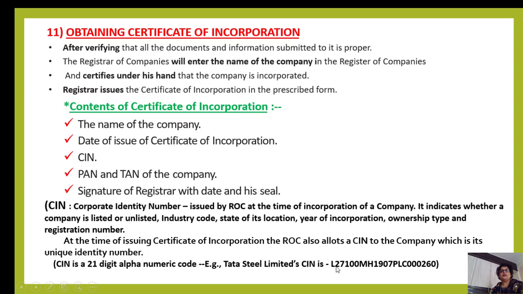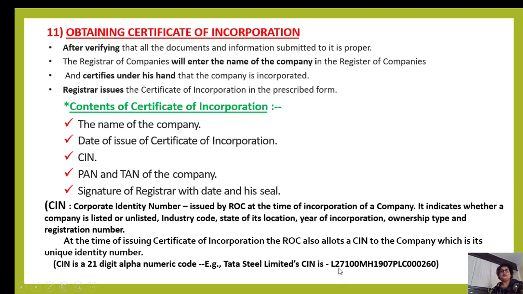As I already told you, it indicates whether the company is listed or unlisted. L means listed. When we see the CIN number, we can find out whether the company is listed or unlisted. If it is U, that means unlisted. So for Tata Steel Limited, the CIN number given here starts with L for listed.